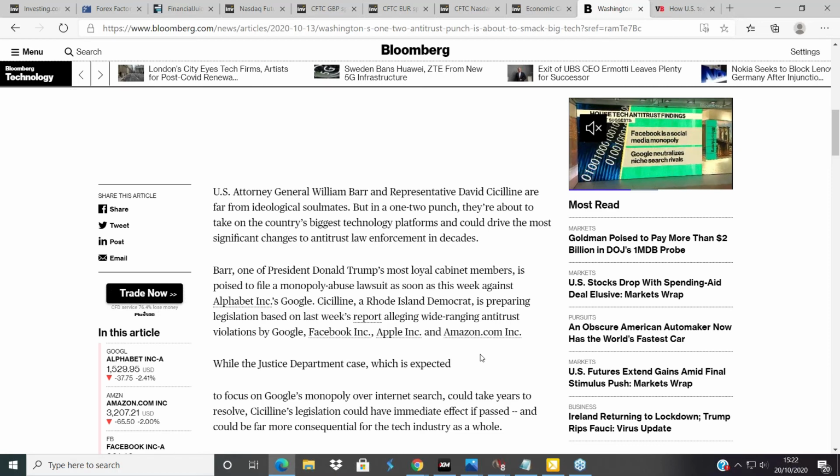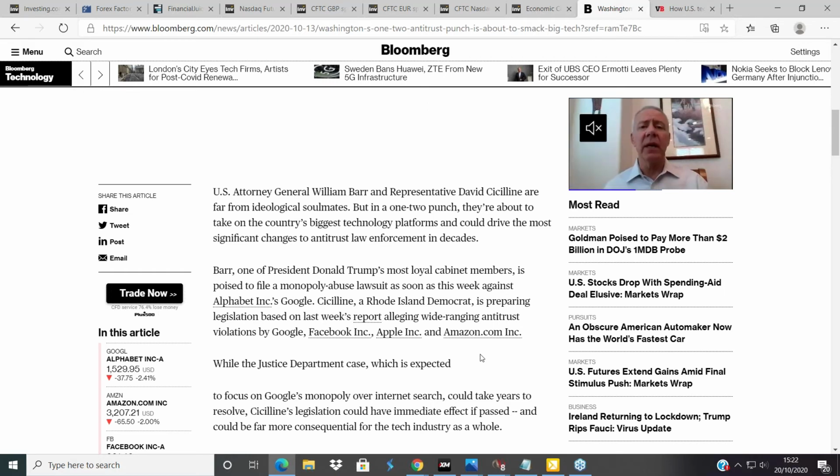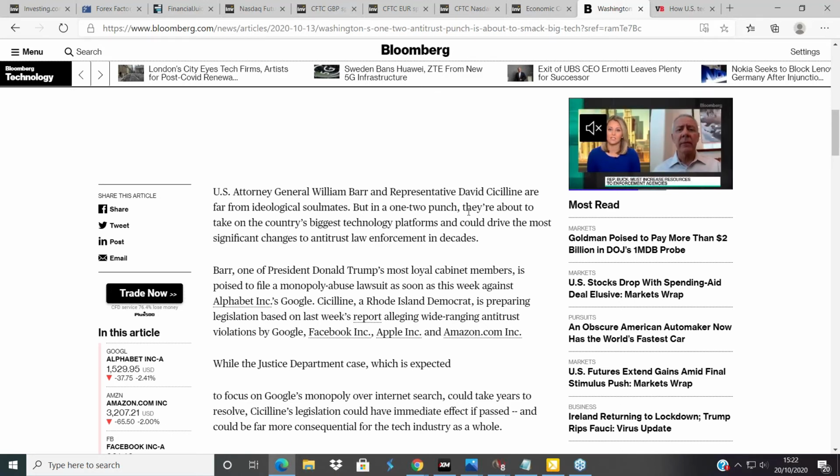Is it Biden has the Congress and Senate, or is it Biden that has Congress but doesn't have the Senate? And that last one, if they don't gain the Senate, maybe that won't be quite so critical for these companies. But that was enough to upend the price action in the Nasdaq.